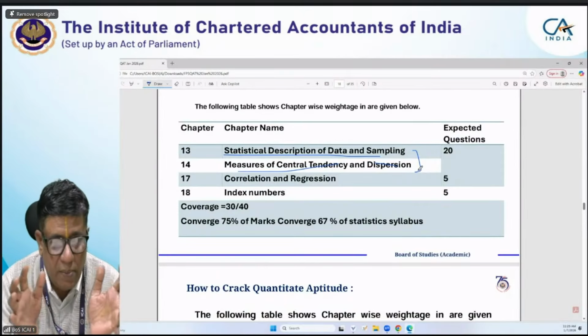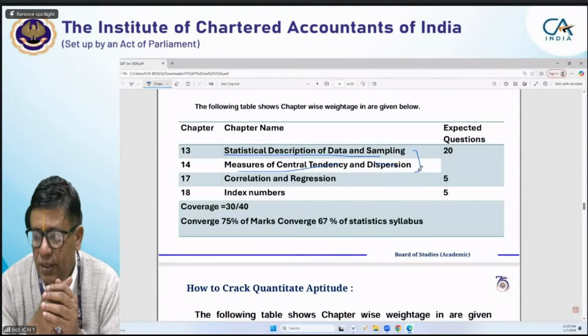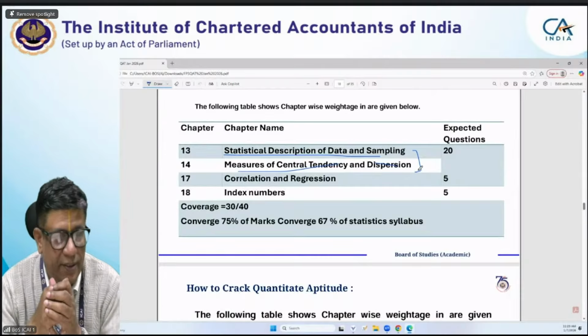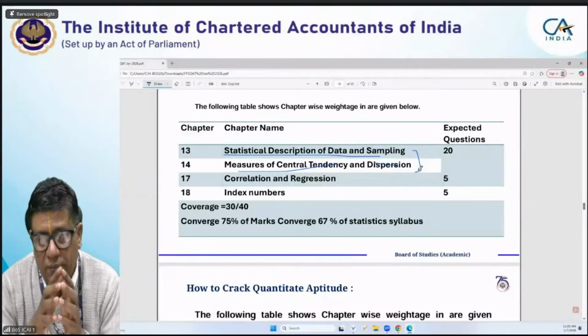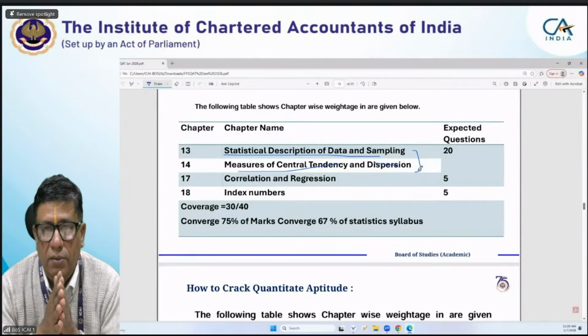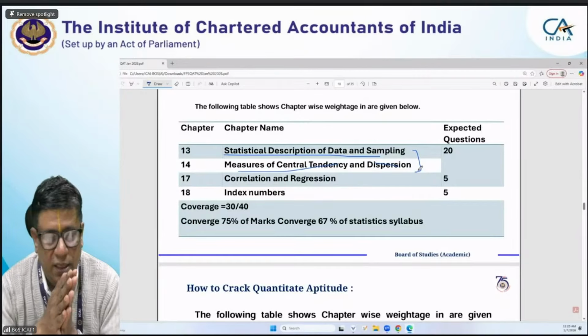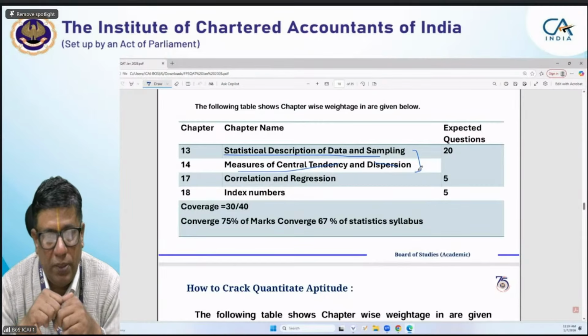Combining all these things, almost 50 to 54% of the marks weightage is there. That means you have to prepare these chapters by practicing, so that you get good marks on them, and you will never fail once you prepare these 4 chapters.